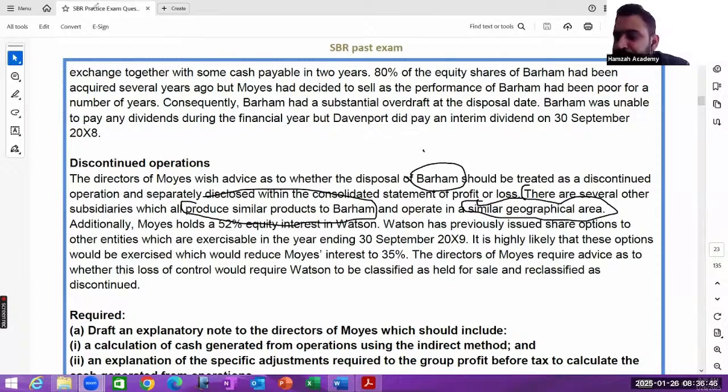Okay, tell me, whether management of the M company authorized the sale? Yes or no? Did the M company authorize the sale of Watson?